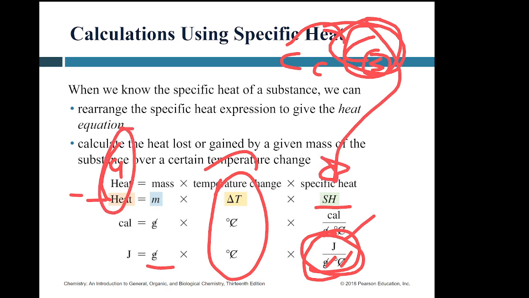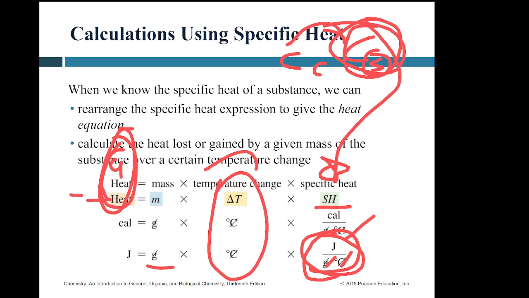The heat is Q. So how fast the temperature changes is C of S, or specific heat. The Q is the actual heat that's going. So it should be Q equals MC of S. You're looking at two different ways of arranging the formula.